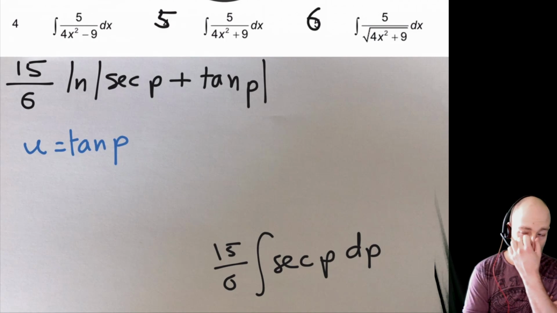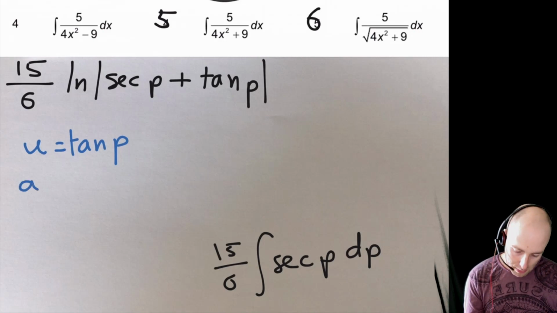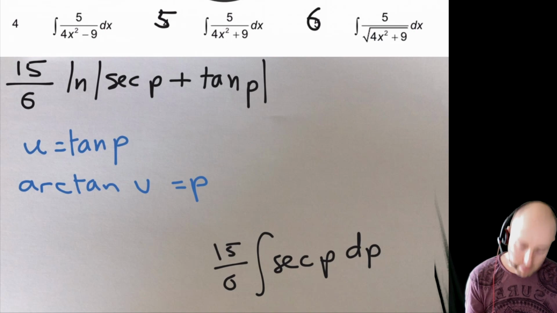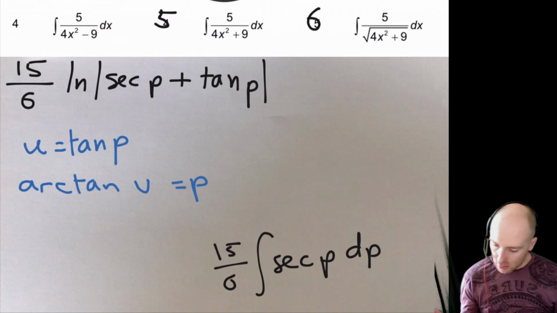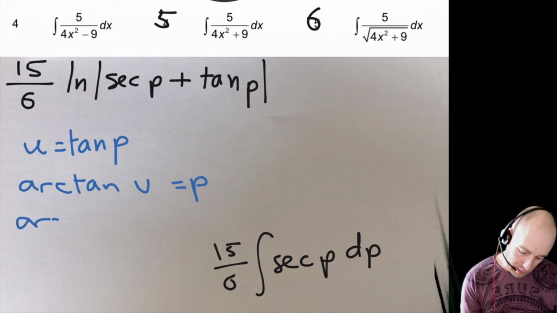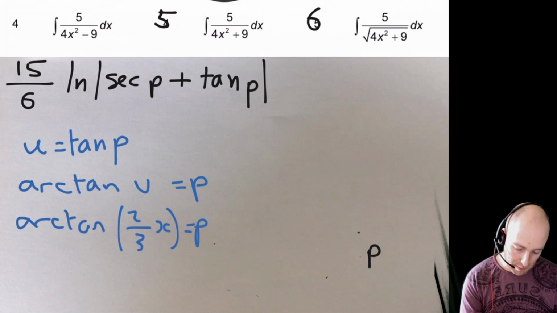No, that's fine. u is tan p. So arctan u is p. And I know that u was equal to 2/3 x. So arctan 2/3 x is p.